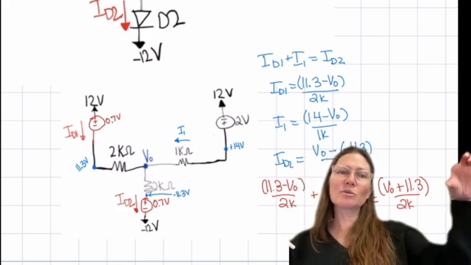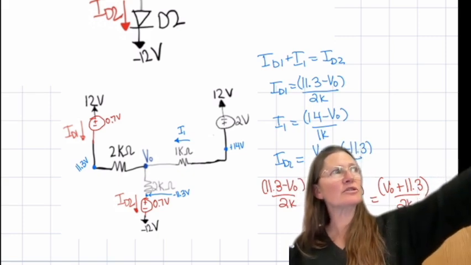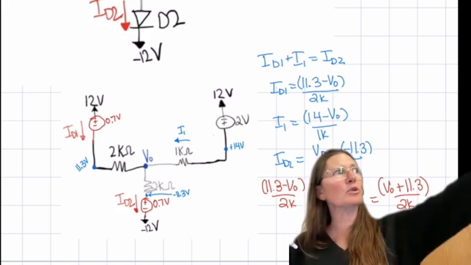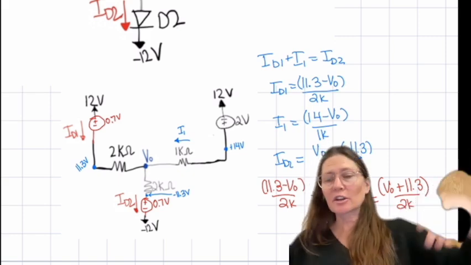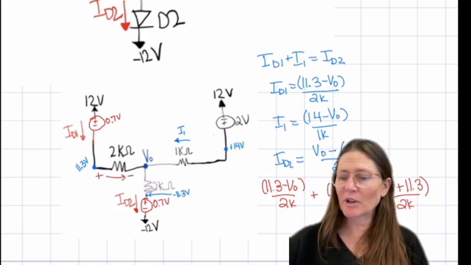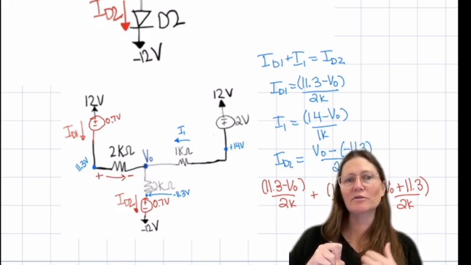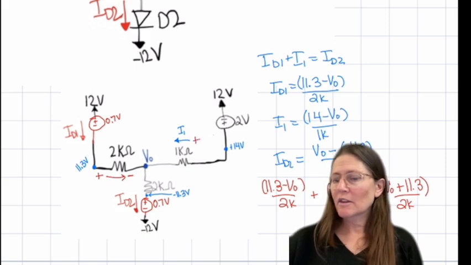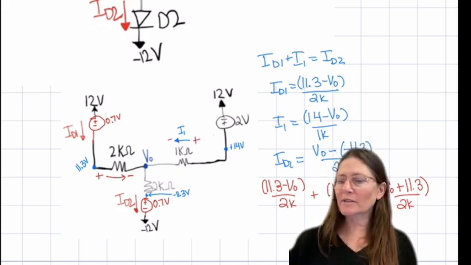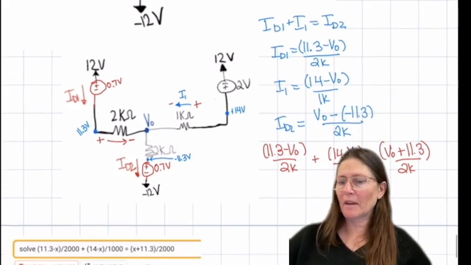I wrote the voltages next to the resistor, so it was easier to write the equations. The current is going in this direction, so this is my plus side, that one's my negative. So plus 11.3 minus V0 over 2K. On this side, the plus is 14 minus V0 over the 1K.